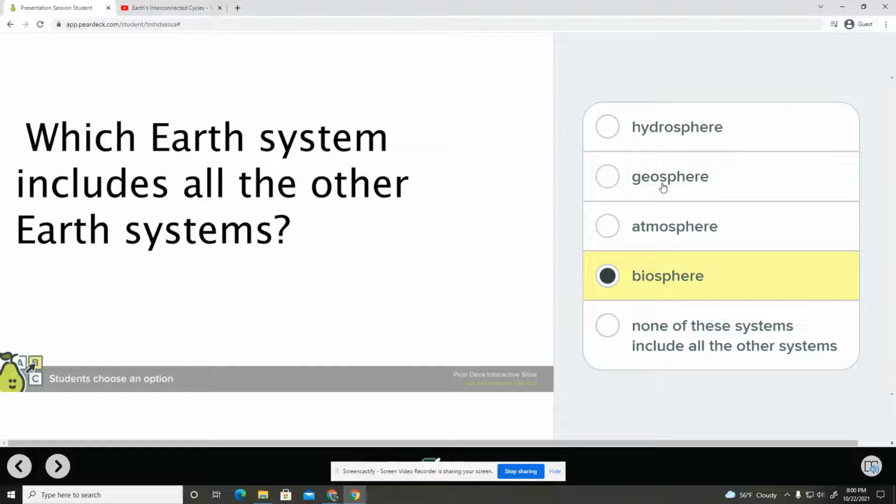An example would be an organism breathing, right? So that's the biosphere interacting with the atmosphere because it's bringing in the gases. Or an organism drinking water, or swimming through water, or a dolphin swimming through water and then coming up to the surface to breathe. So that would be the hydrosphere, the atmosphere, and the biosphere.